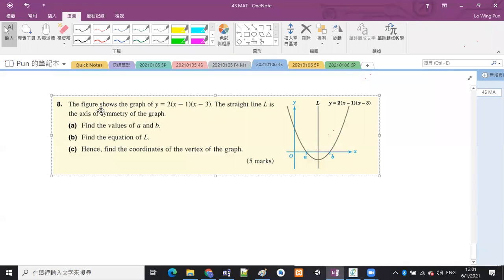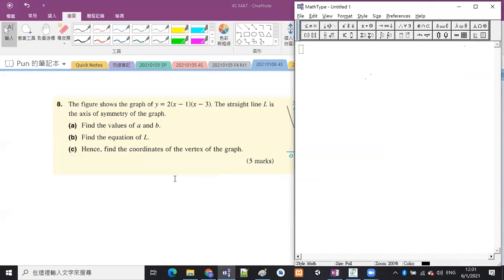Straight line L is the axis of symmetry of the graph. Find the values of A and B. A and B are the x-intercepts, so we just put y equals 0 to calculate the value of x. 0 is equal to 2 times x minus 1 times x minus 3.